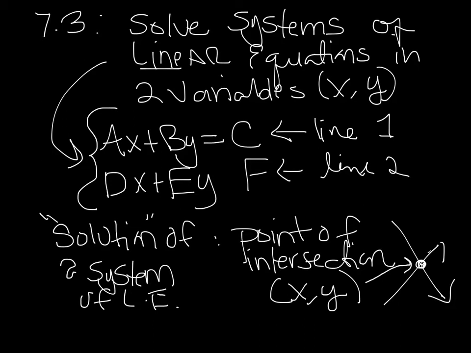Okay, so that's again just a basic introduction. I do want to show you some examples in the next video. Any other terminology I want to talk about? Well, remember that you can graph lines in two different ways.